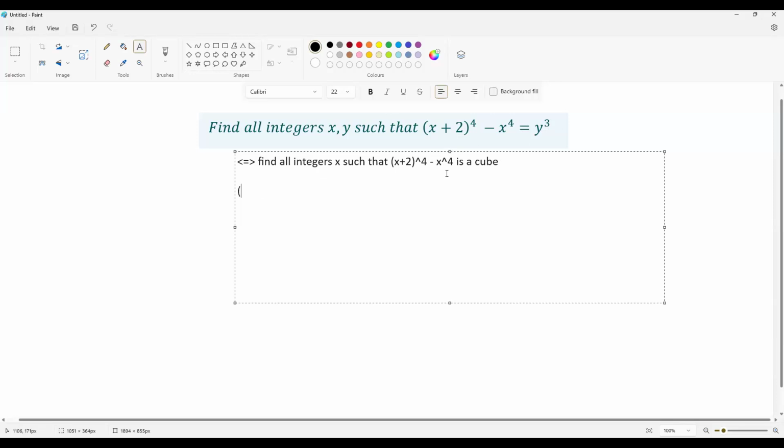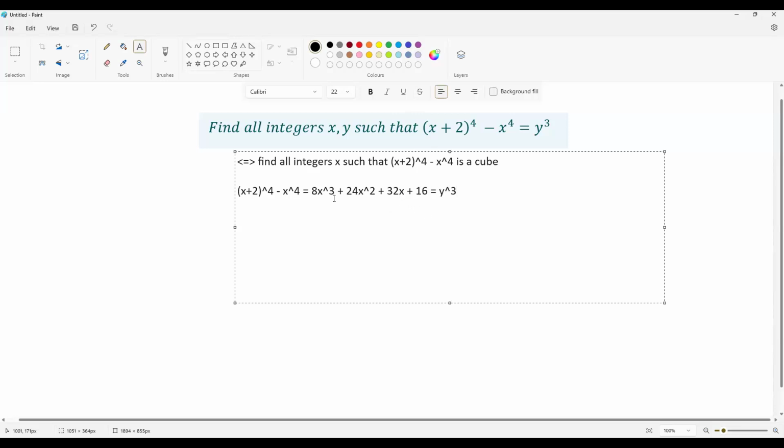That would give us 8x cubed plus 24x squared plus 32x plus 16, which is equal to y cubed.